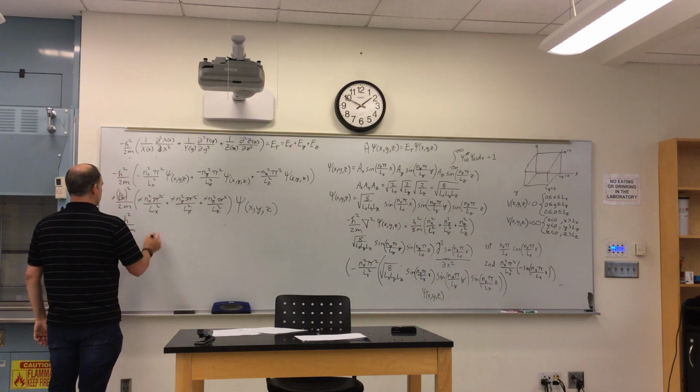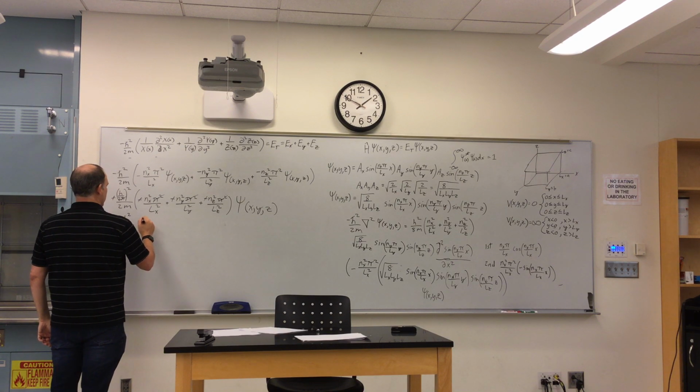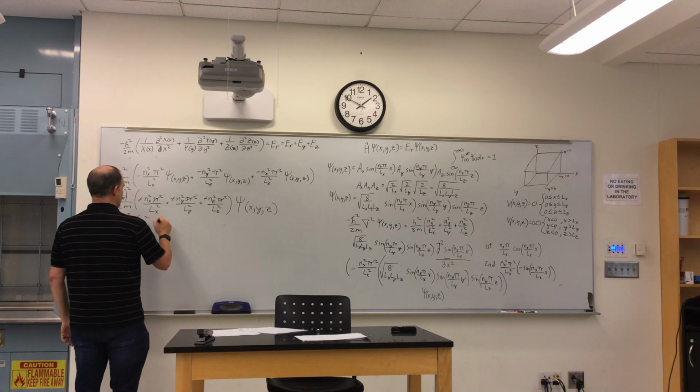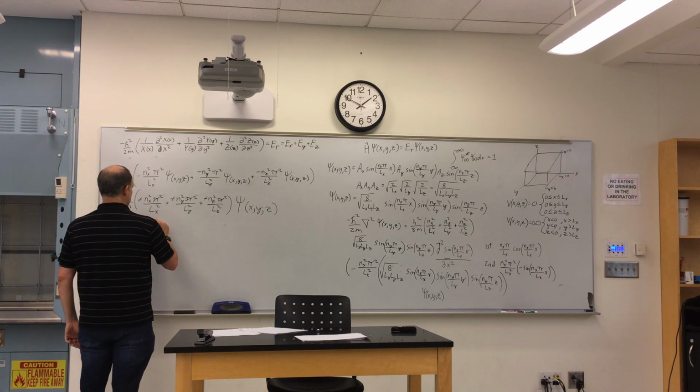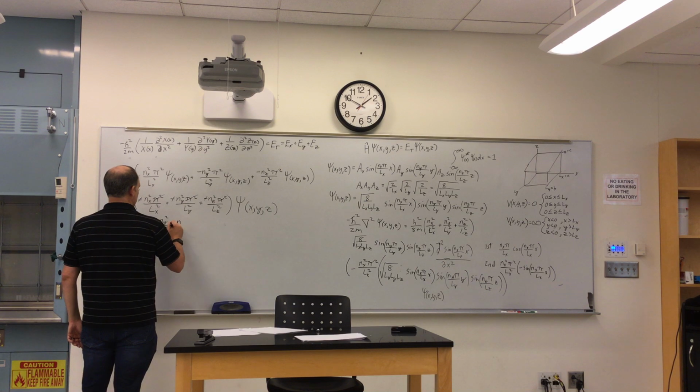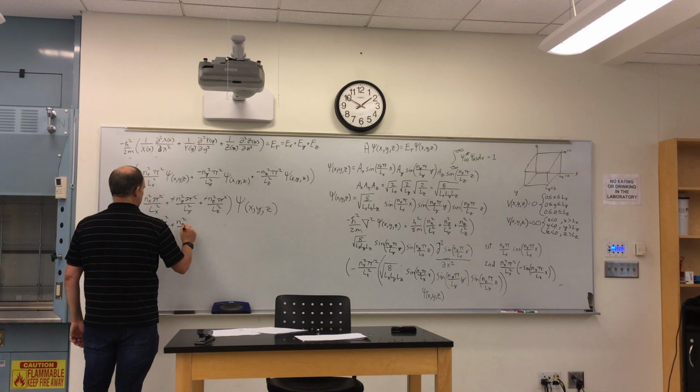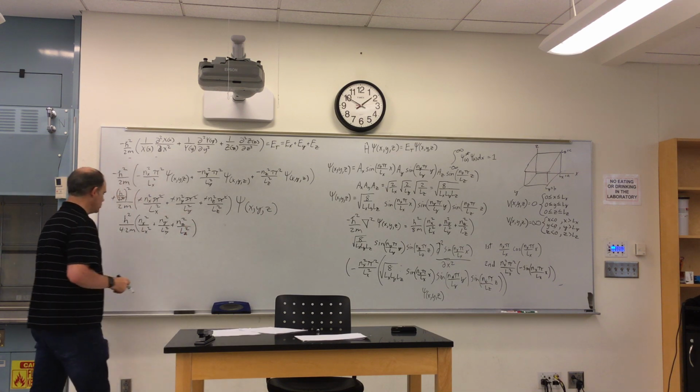So that's h squared over 8m, and then nx squared over Lx squared, ny squared over Ly squared, and nz squared over Lz squared.